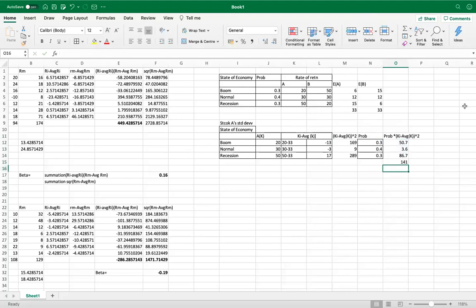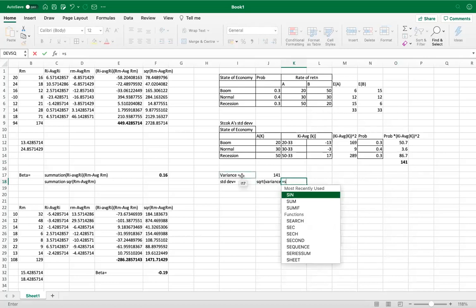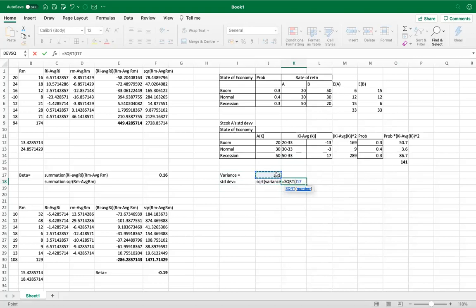When I total this, I get 141. 141 is my variance, but I will have to take the square root of this. I get 11.87. Did you understand this?